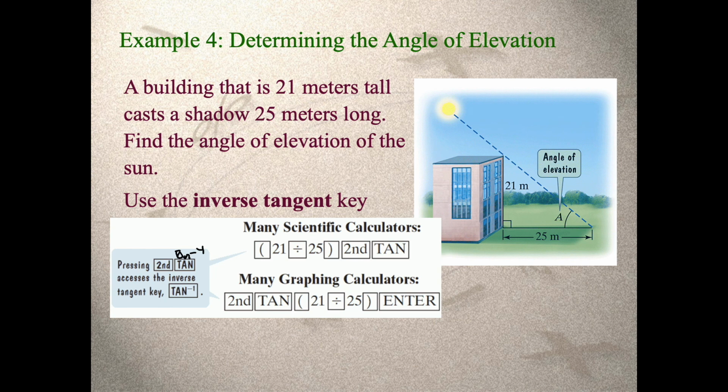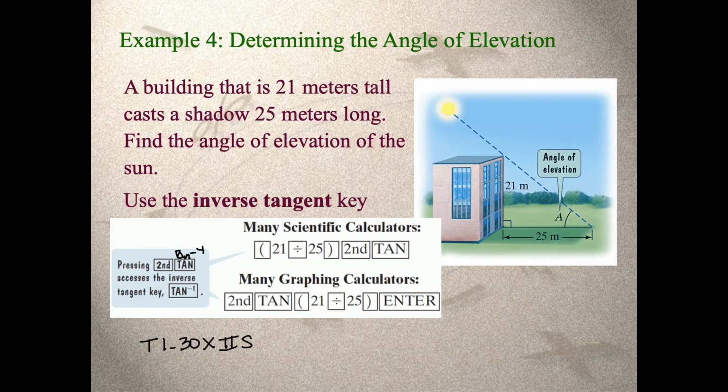So you, in parentheses, you would put 21 divided by 25, then the second key, and then the tan button. I have a scientific calculator that works more like a graphing calculator. So I, in particular, like to use the TI-30X2S. Okay, or again, you could use a graphing calculator. So in there, I'm going to hit the second button first, then the tan button, open my parentheses, 21 divided by 25, close your parentheses, and hit enter or equals.